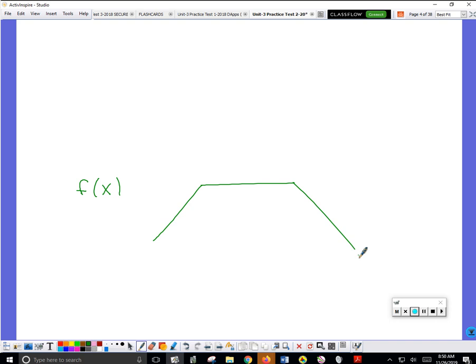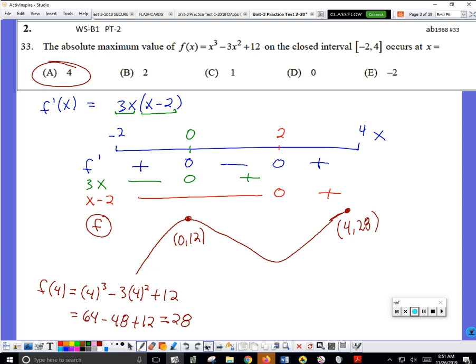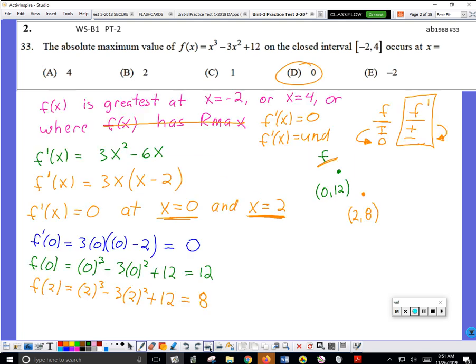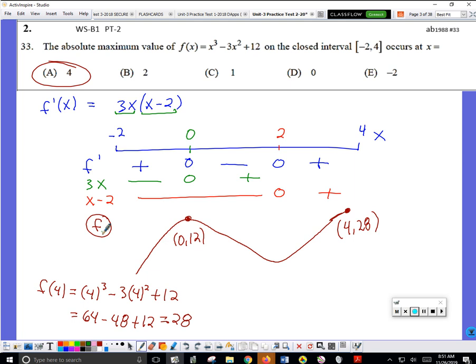A local max is when that changes from increasing to decreasing. But can't that also be a global max? It's a slight error in what you said, so I'll just say it back to you. f has a local or relative max when f changes from increasing to decreasing.